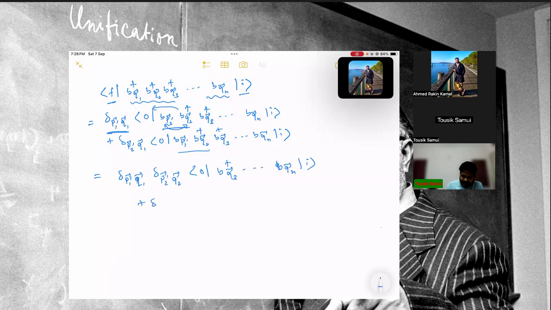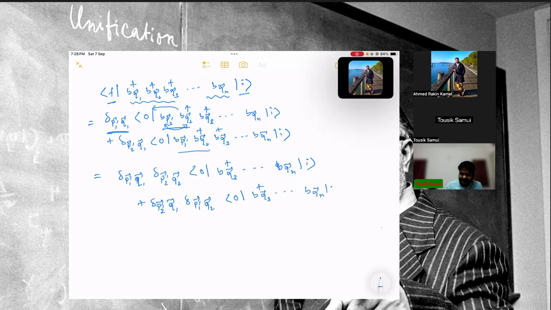Again from the second term we'll have a similar thing, delta of P1 prime and Q2 between these two, and then we have the same B_Q dagger and others.